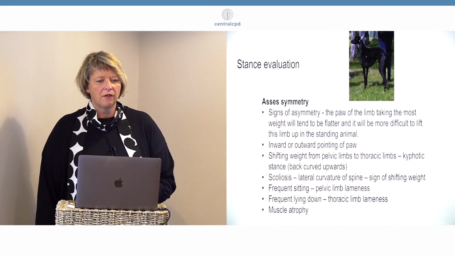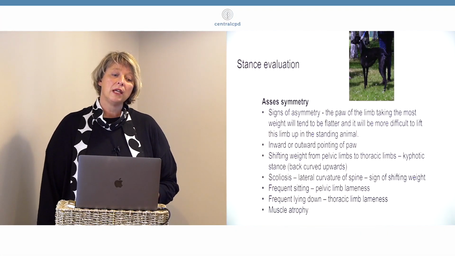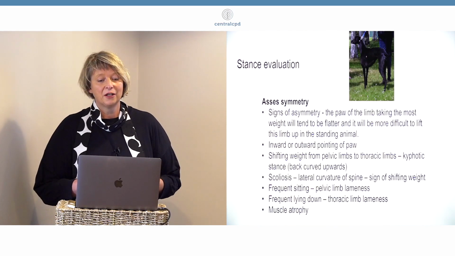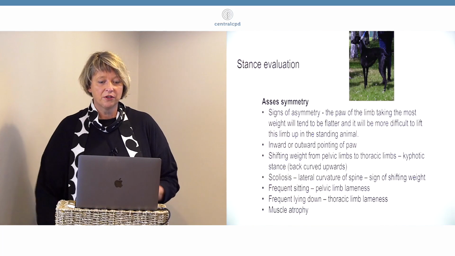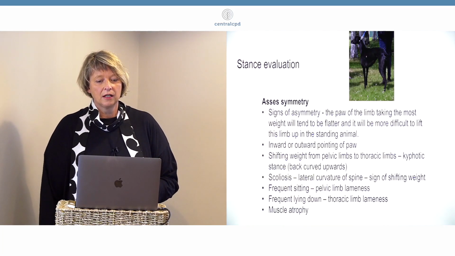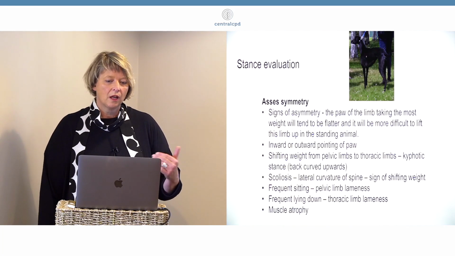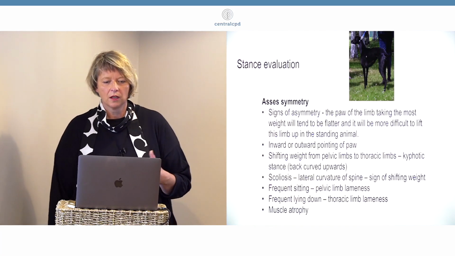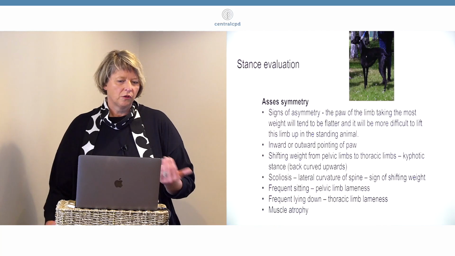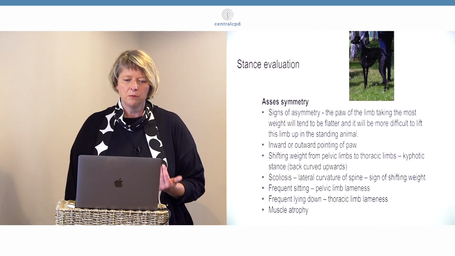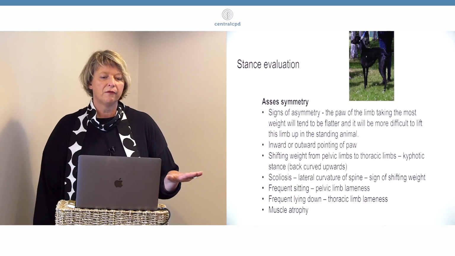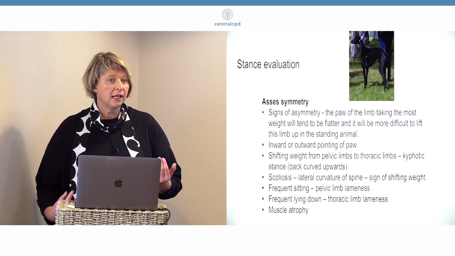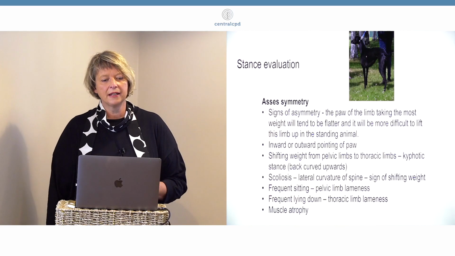For the evaluation of the stance, we assess asymmetry or symmetry to see if any asymmetry is present. There are different aspects to consider. For example, the paw of the limb taking the most weight will tend to be flatter, and it will be more difficult to lift this limb up when the animal is standing.